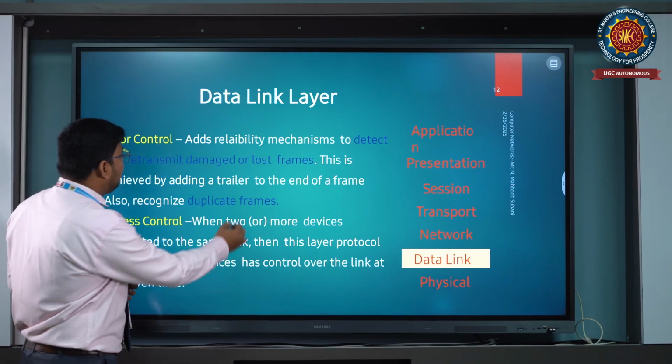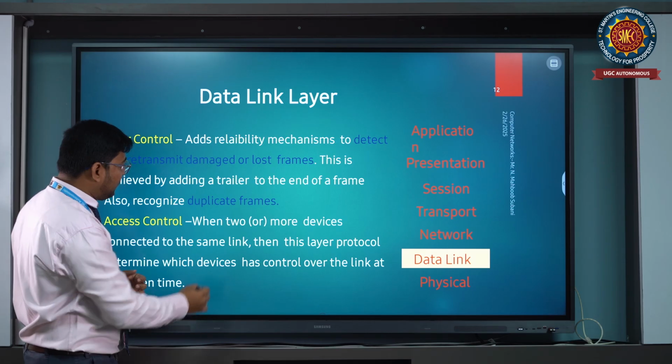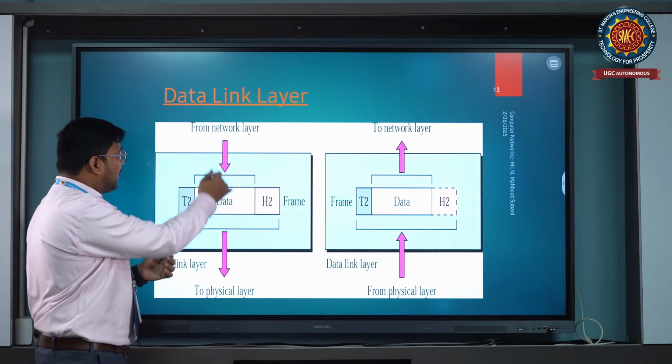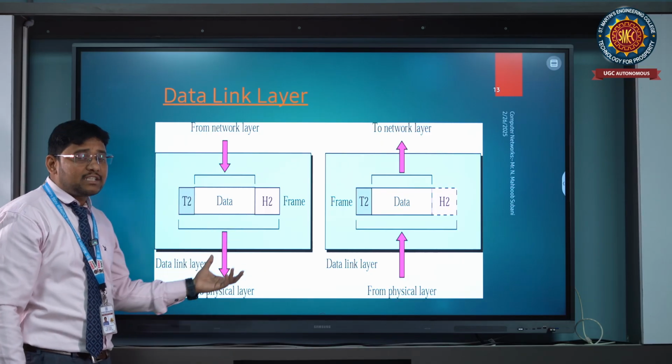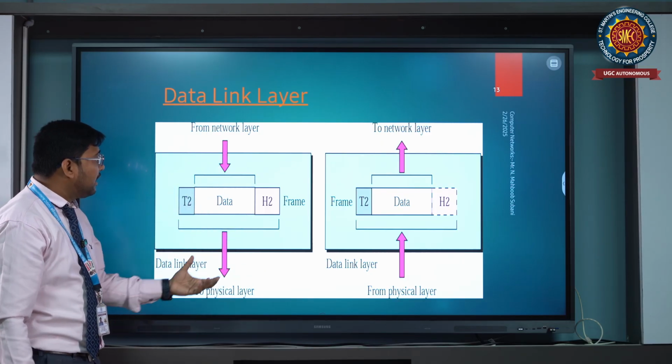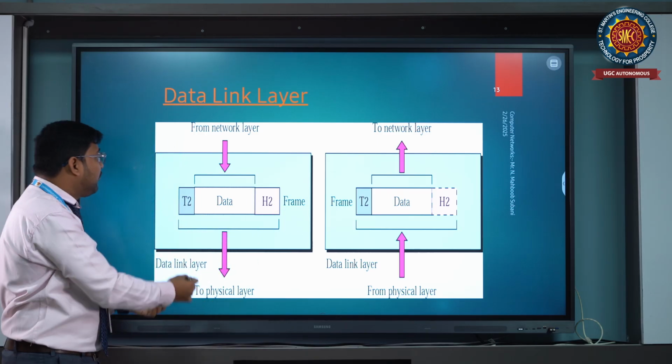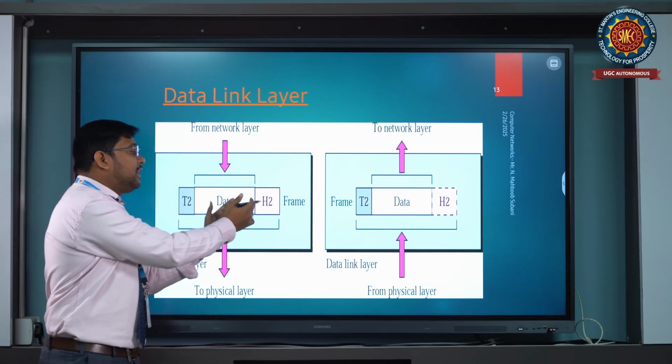You can identify in the picture that the data link layer is getting data from the network layer. A packet is coming from the network layer, and the packets are turned into data frames. Those data frames consist of a header and a trailer.